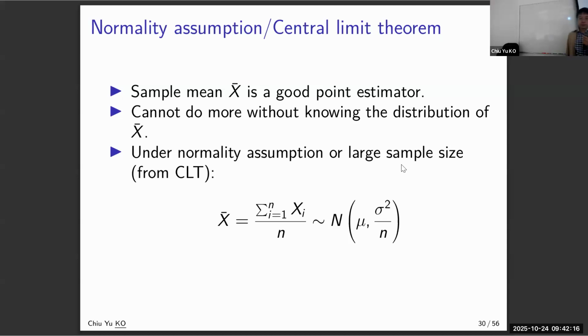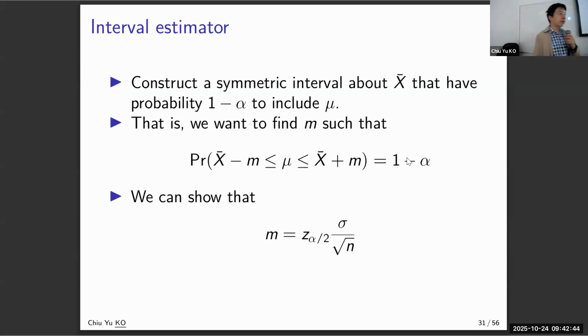To do so, we need to either invoke the central limit theorem or a normality assumption to make the sample mean have a normal distribution. Why? Because by doing so, we can quantify what we call the interval estimator idea.